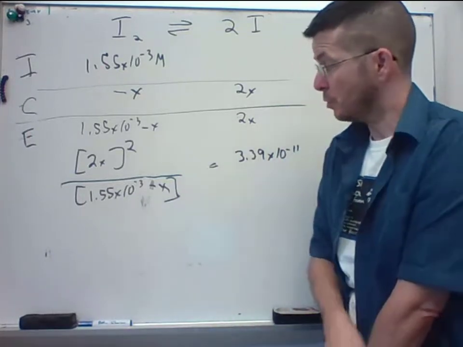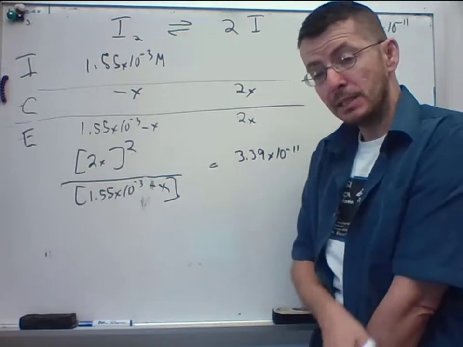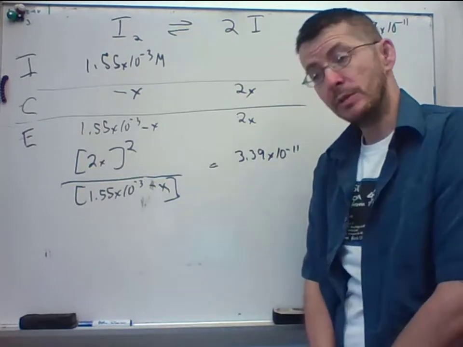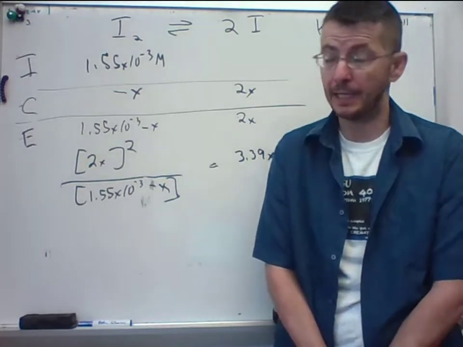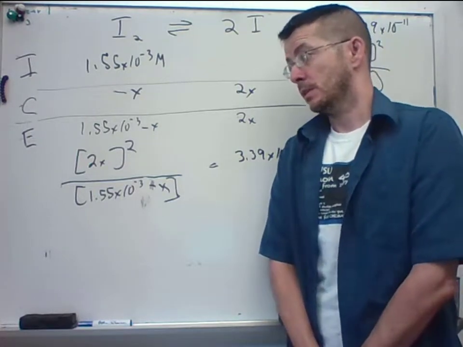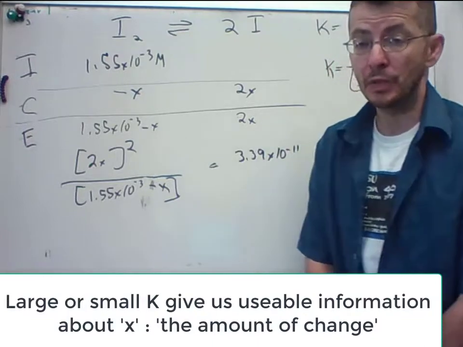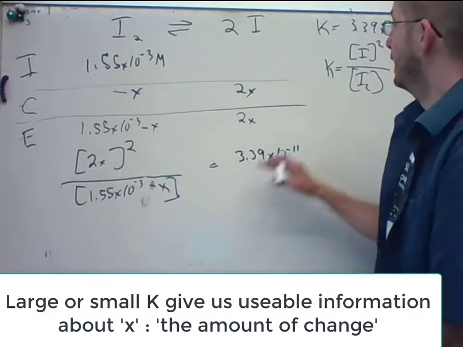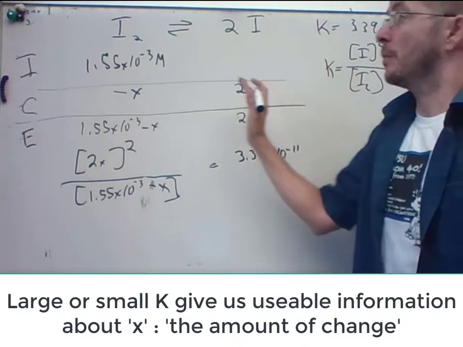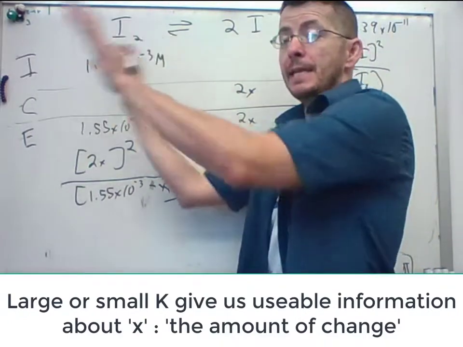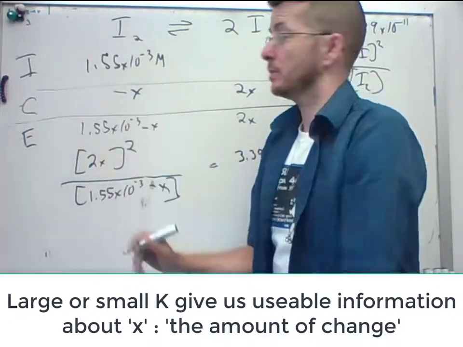Ish. All right. But again, our goal in many of these cases is to try to find ways around that. And for this one, there's actually a simplification we can do that is not to do with the math, but it has to do with K. As K is so small, the reaction is dominated by the starting materials.